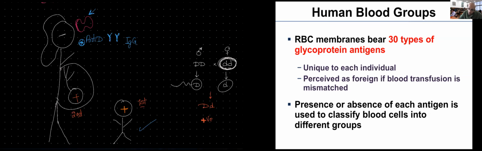Why? Because your immune system has a memory, an immunological memory. So the mother's immune system is going to keep producing anti-D for the rest of her life. What is the problem now? That anti-D immunoglobulins can travel through the placenta.